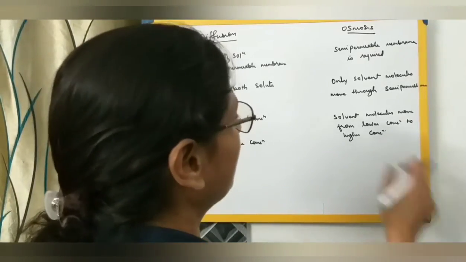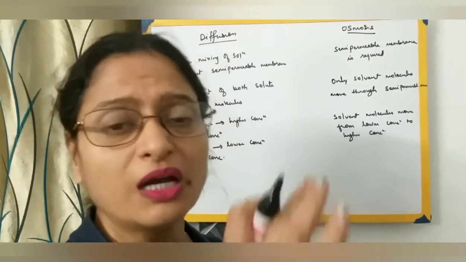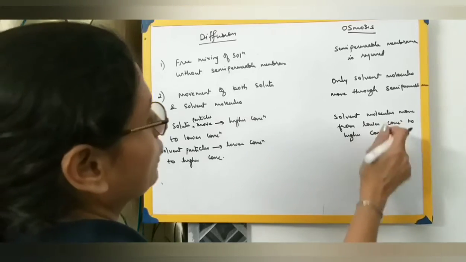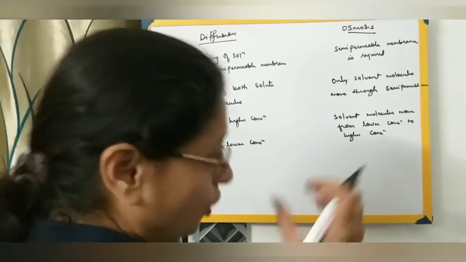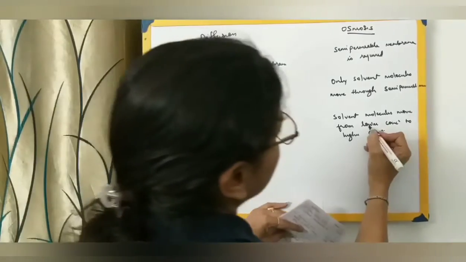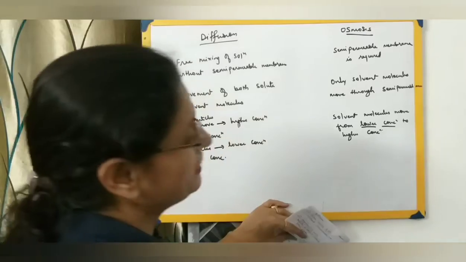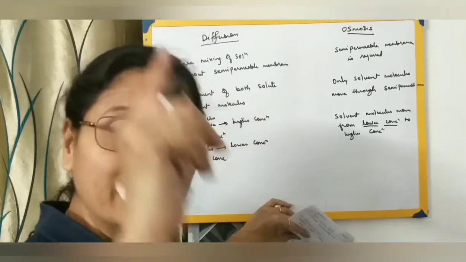At the same time, if you have two liquids, one at the lower concentration, the other at the higher concentration, the molecules move from the lower concentration to the higher concentration. That means the solution which has lower concentration means what? Don't get confused. Lower concentration over here means the solute particles are less and solvent particles are more.